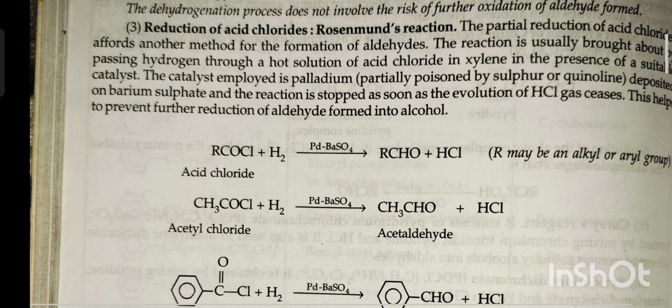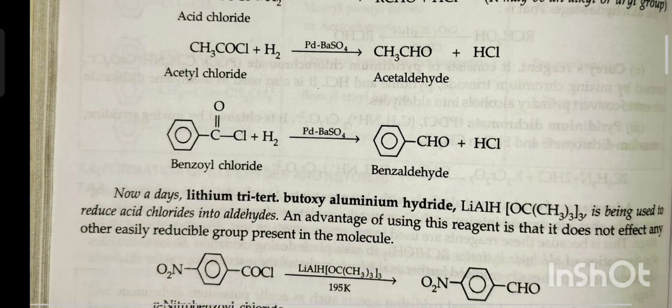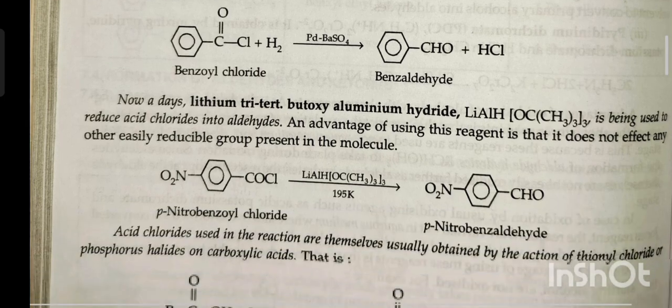Acid chloride plus hydrogen in the presence of Pd/BaSO4 gives aldehyde plus HCl, known as the Rosenmund reaction. Nowadays, lithium tri-tert-butoxy aluminum hydride is being used to reduce acid chloride into aldehydes. An advantage of using this reagent is that it does not affect any other easily reducible group present in the molecule.